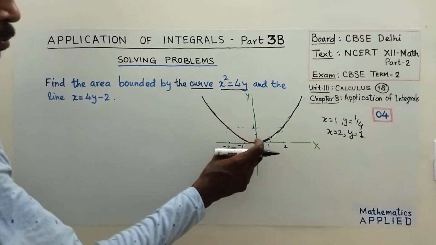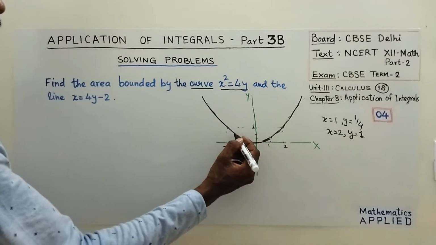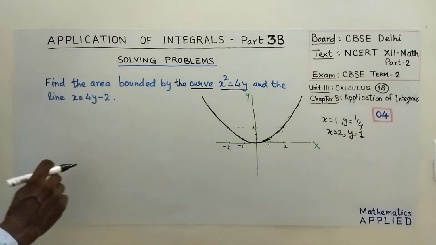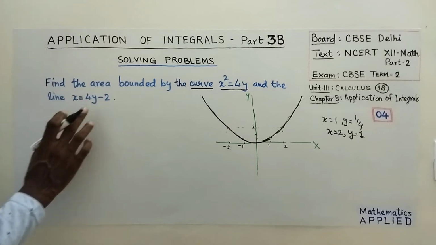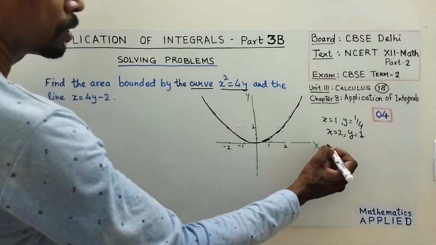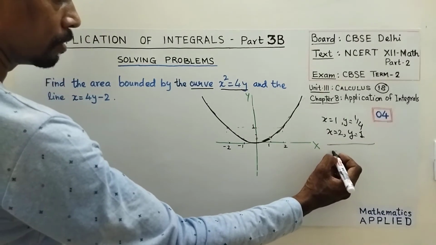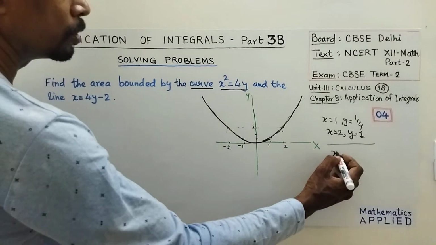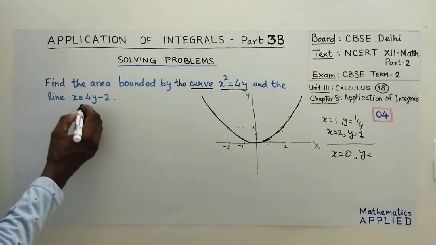So by just plotting those 2 points and 2 points symmetrically on this side, I have drawn this which looks like a dish, right? So this is the parabola. Now we have to find this line, right? We have to draw this line. What I have told in my previous part of the video is that for an inclined line, what you have to do is put x equal to 0, and you find out what are the y and x intercepts.